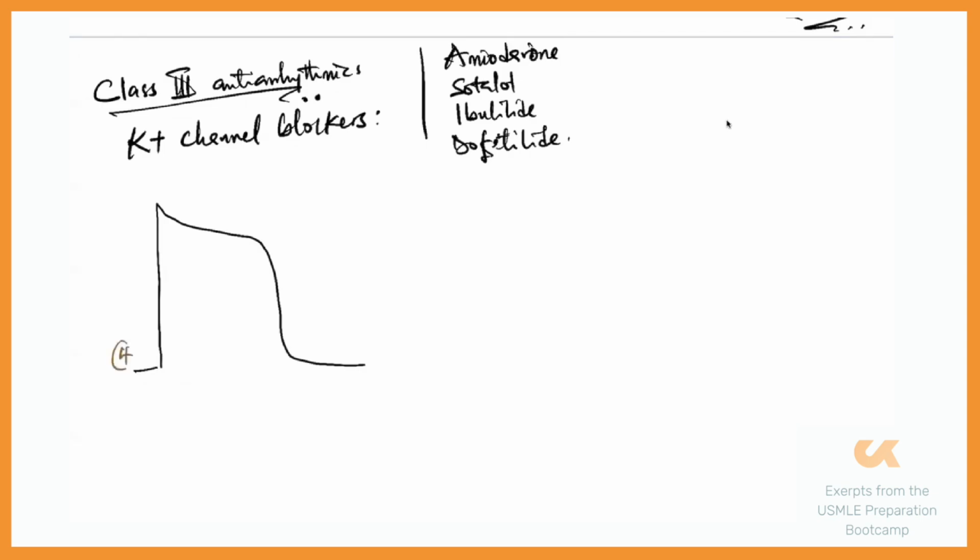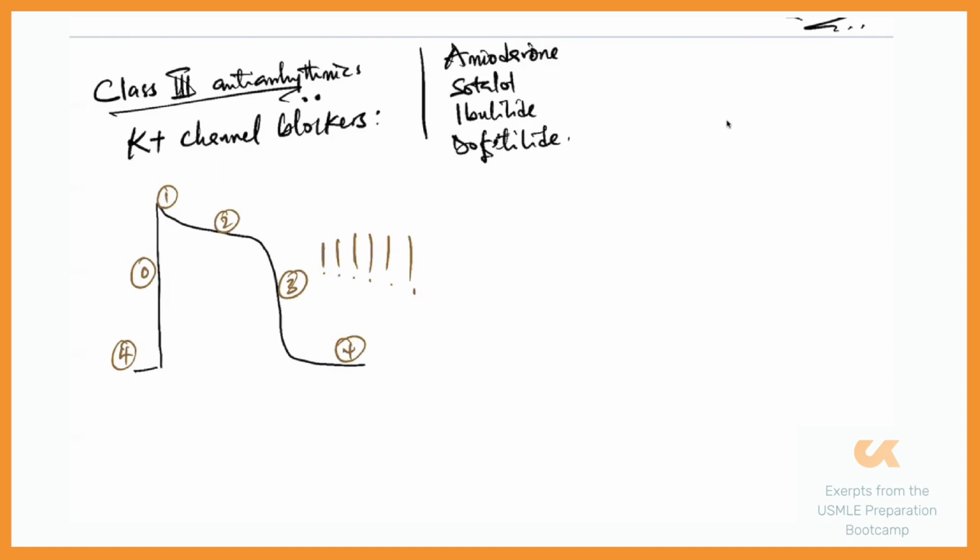Is it on phase 4, phase 0, phase 1, phase 2, phase 3, or back to phase 4? Where do you think class 3 antiarrhythmic medications are going to work? I hope you are shouting phase 3, phase 3, phase 3. Because if they are potassium channel blockers, then obviously they're going to work wherever potassium works.